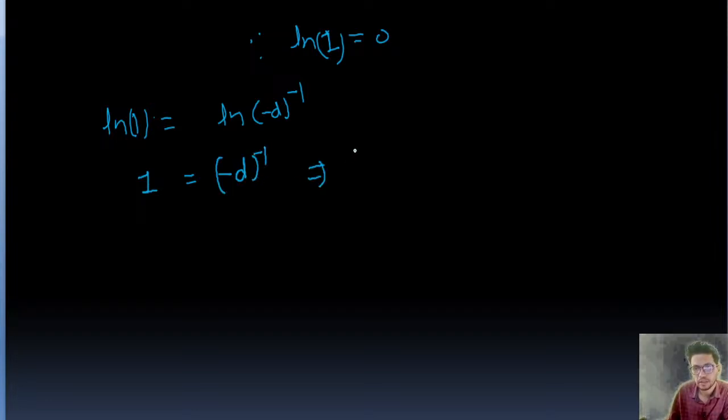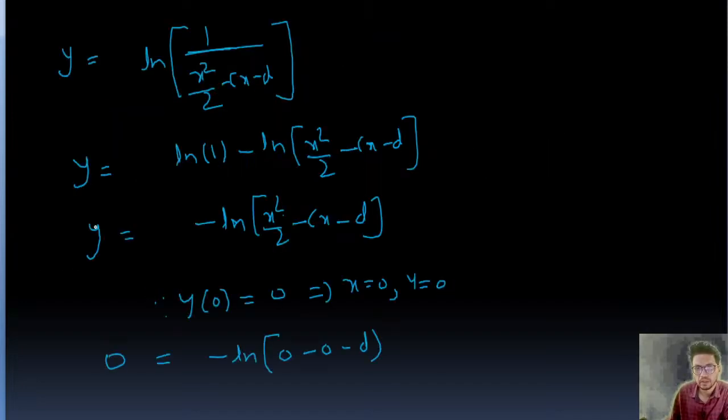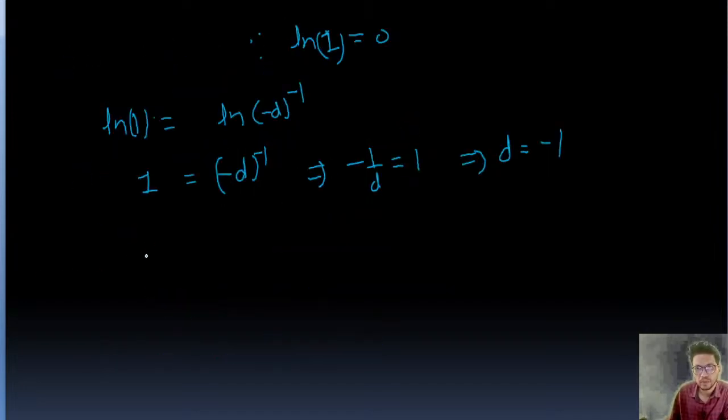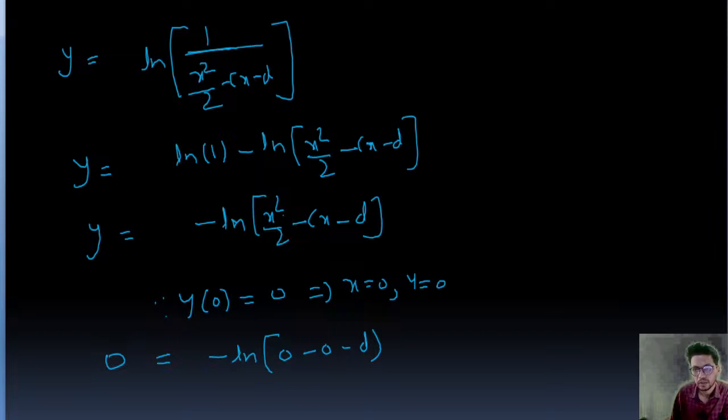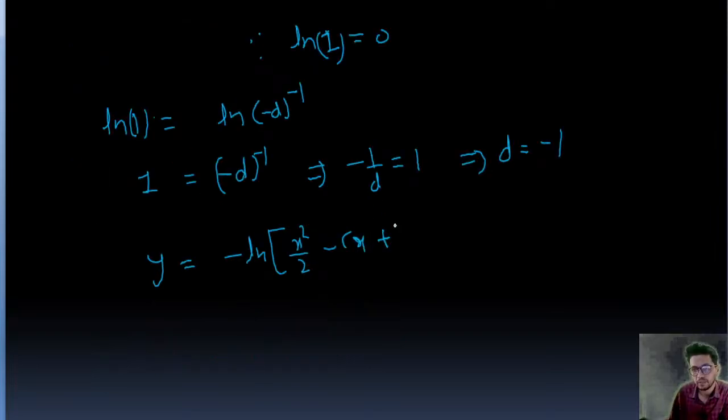This implies minus 1 upon d equal to 1. That implies value of d equal to minus 1, right? So we'll put this value. Then y is going to be minus ln x square by 2 minus cx. D value is minus, minus, plus 1.